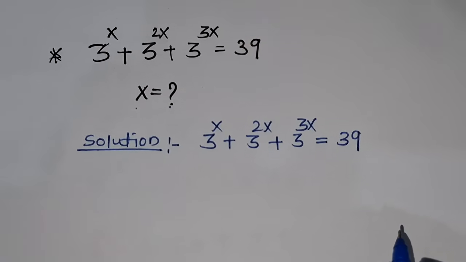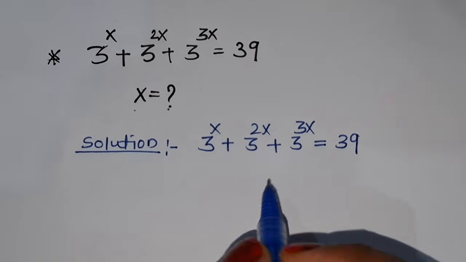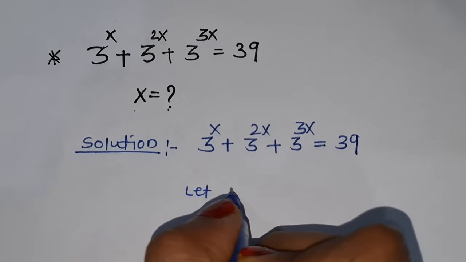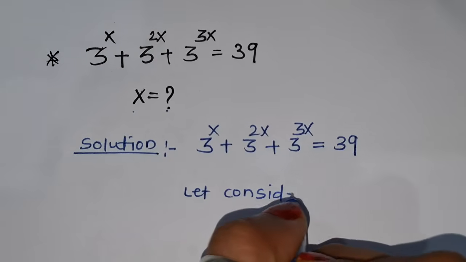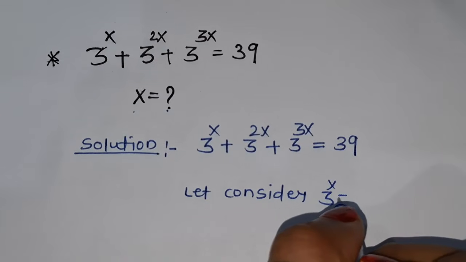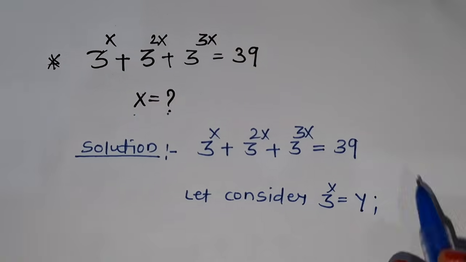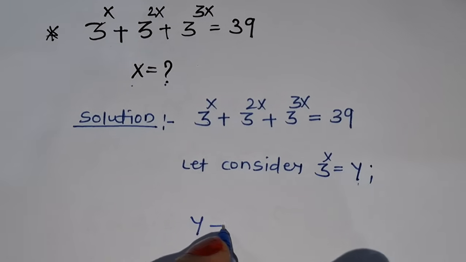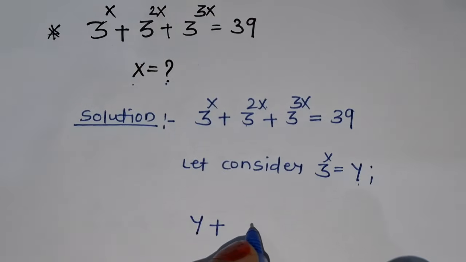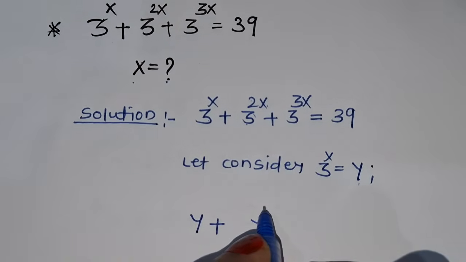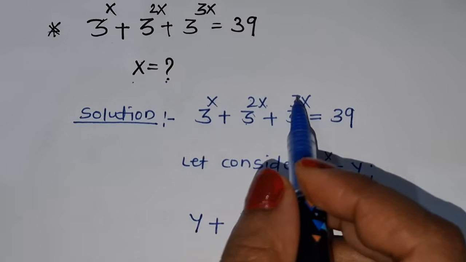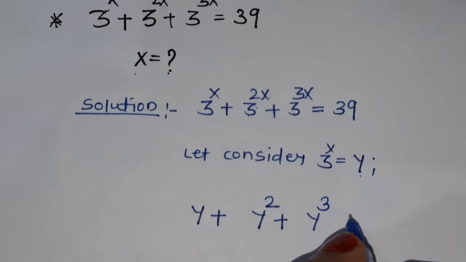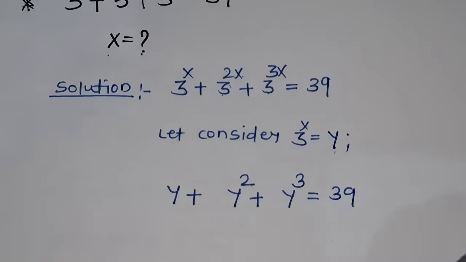So let's consider 3^x = y. If 3^x is equal to y, then we can write y plus 3^(2x), that is y squared, plus 3^(3x). So 3^x is y and this is cube, y cubed, is equal to 39.